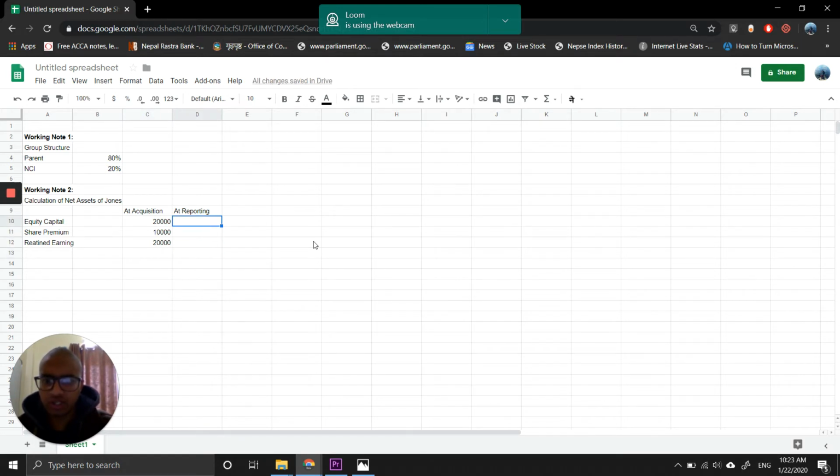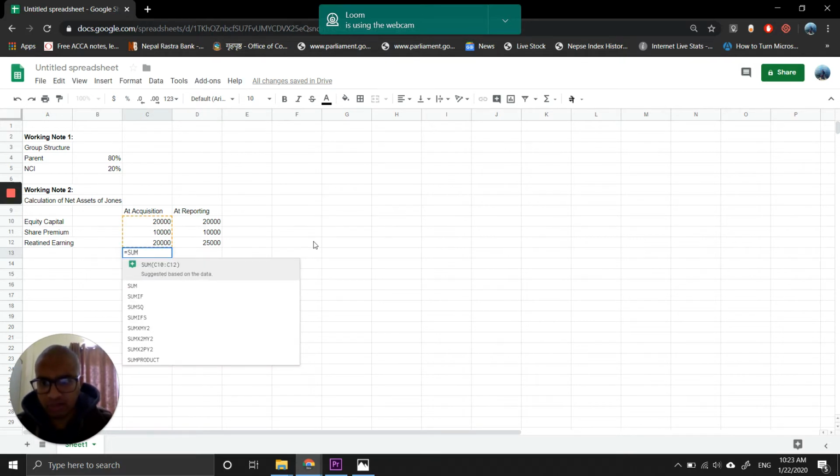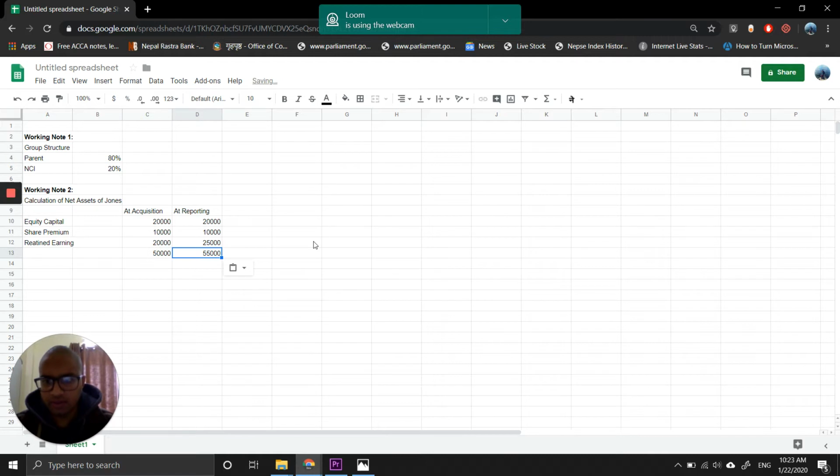At the reporting date, the values were pretty much the same, but in this case retained earnings has increased to 25,000. That's the post-acquisition profit. So let's sum this up. This is our net assets at acquisition, and this figure is the net assets at the reporting date. Okay, so our net assets are already there.